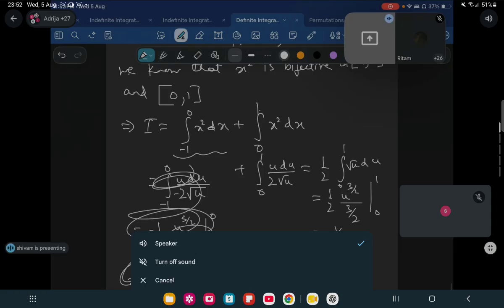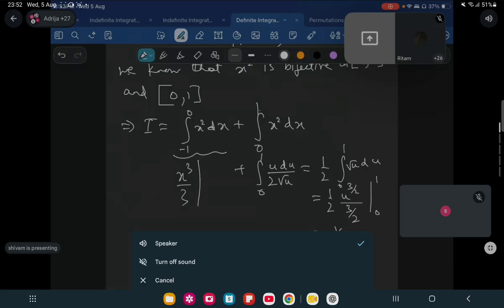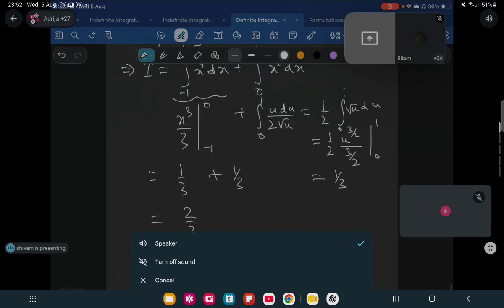So directly let us find out the integral. This is nothing but x cube by 3. We need to substitute from minus 1 to 0. So this will become 1 by 3. So are you people getting how to fix it? You just break the interval where the function is bijective, which is equal to 2 by 3.